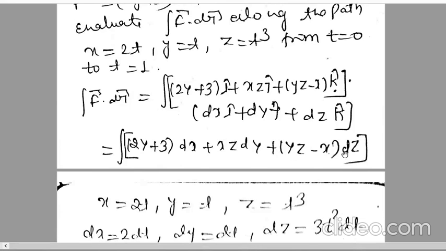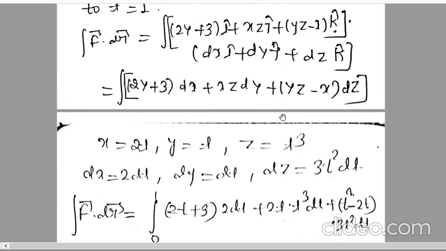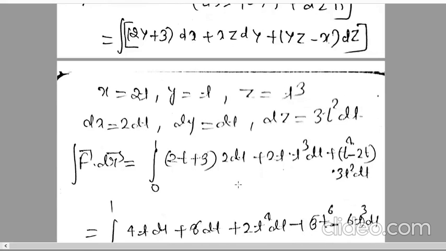Right? Now x is equal to 2t is given, so dx will be 2 dt. y is equal to t is given, so dy will be dt. z is equal to t cube, so dz is equal to 3t square dt. Right? Now put all these values here. So you can see that in a line integral, all the variables are always in the form of one variable.